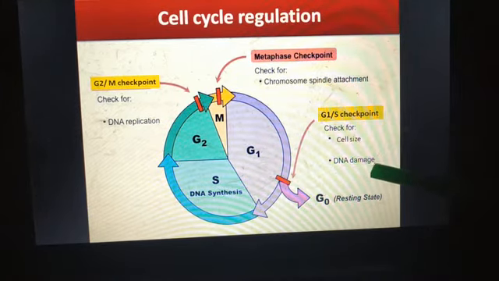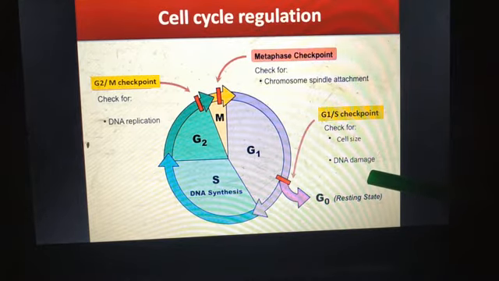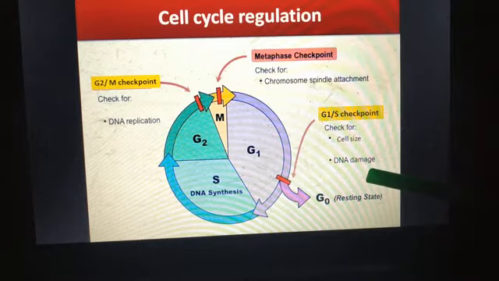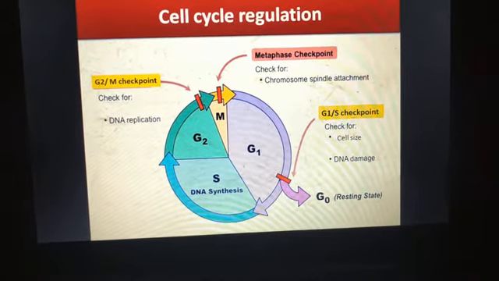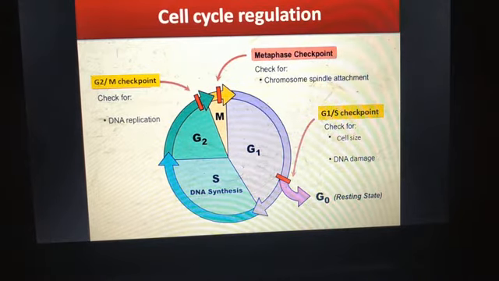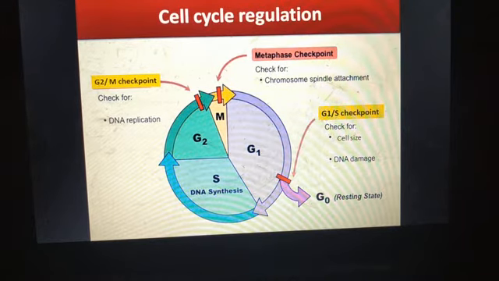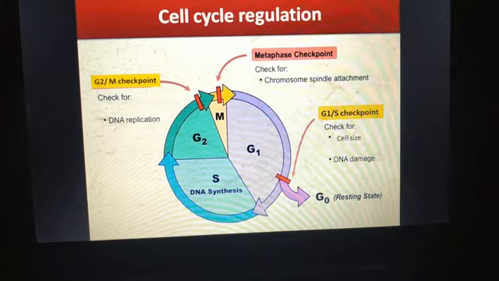If any damaged DNA is there, then the cell arrests at that point till the time it gets repaired. This checkpoint also helps in activation of cyclin. Cyclins I will discuss in the next part. They are a group of proteins which initiate cell division.